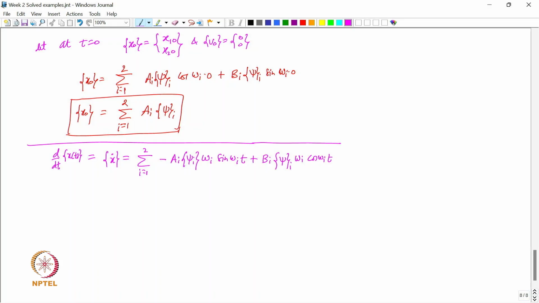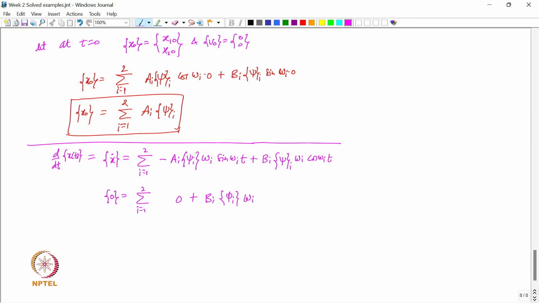And now if you apply the initial conditions at t is equal to 0, then this is 0, correct, and then we get the sum for I is equal to 1 to 2, right, and when t is equal to 0, the first term would be 0, and then we get B I psi I omega I, sorry, it is omega I not psi I, like this, correct, that is what we get.